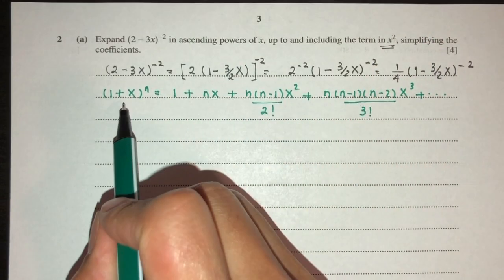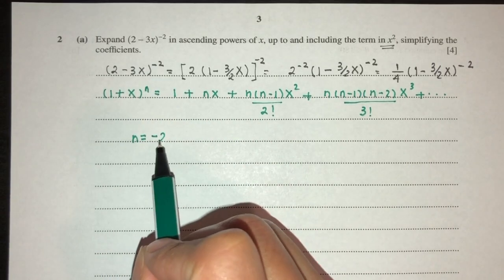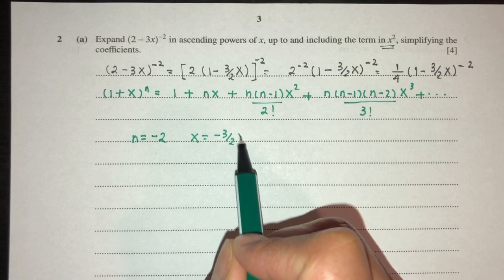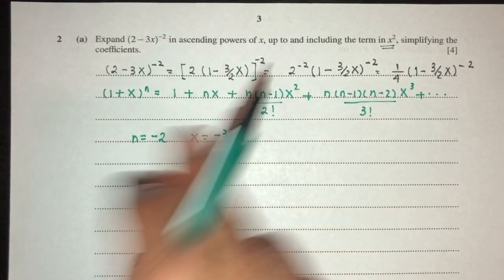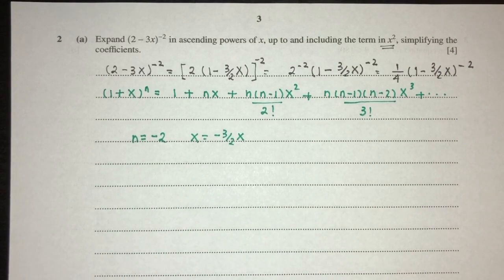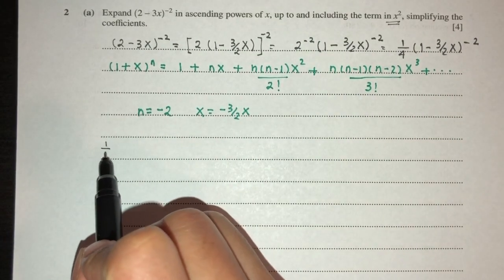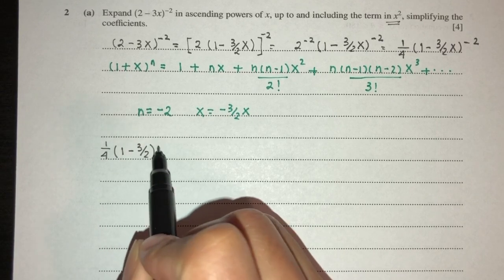Now for this one, the value of n should be what? n should be minus 2, and the value of x should be minus 3 over 2 x. Now we just have to replace those back in this expansion to find the required values. So let's do that. We have 1 over 4 outside multiplied by 1 minus 3 over 2 x power minus 2.